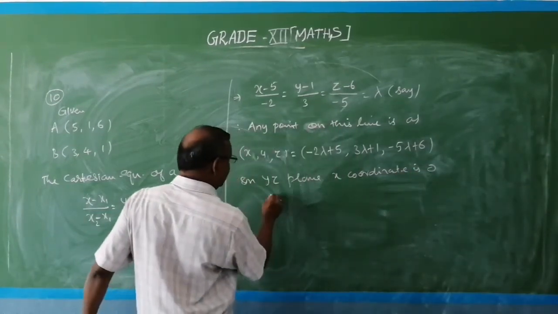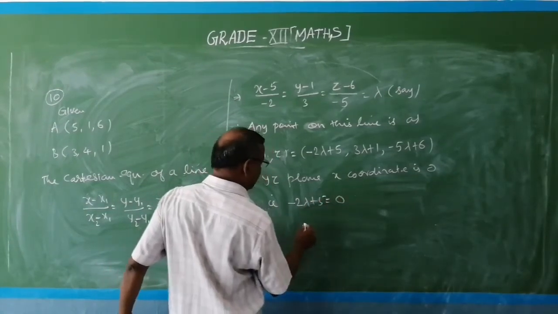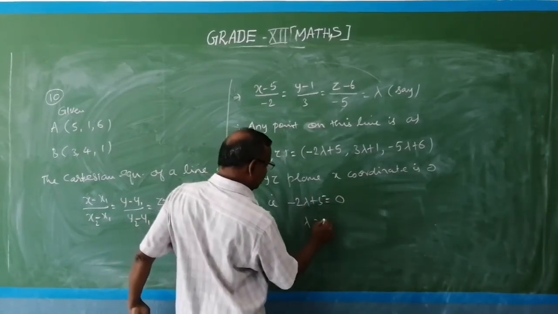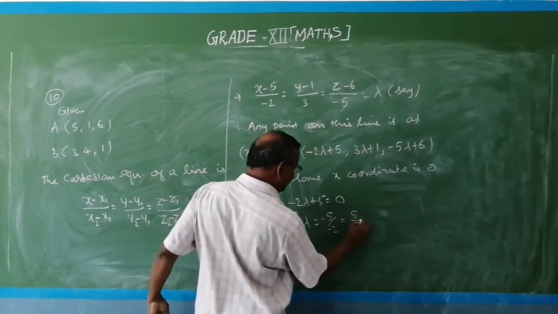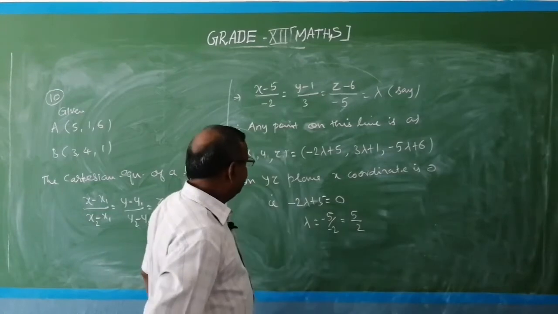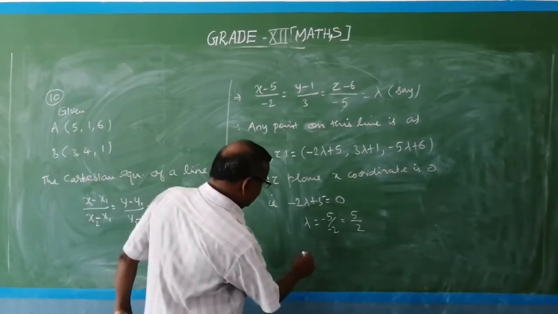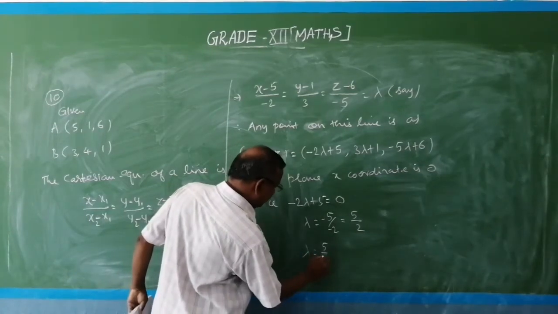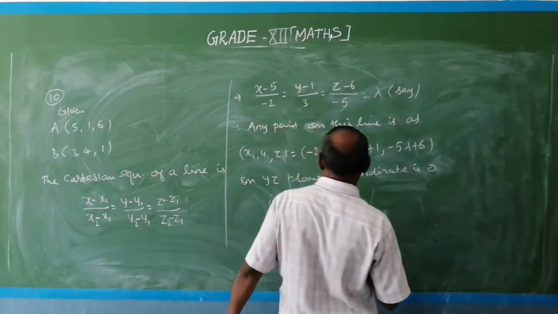That is, minus 2 lambda plus 5 equal to 0, or lambda equal to minus 5 by minus 2 equal to 5 by 2. Now, substitute the points here.